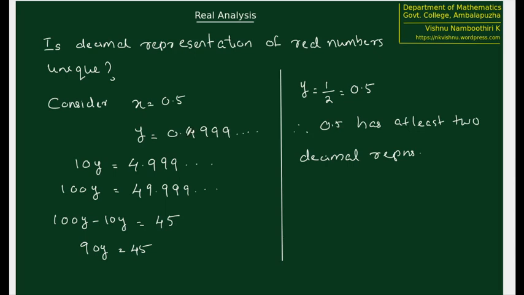Okay, now we come back to Cantor's diagonalization method, the proof that we gave in the last session. So the proof that we gave is the following.